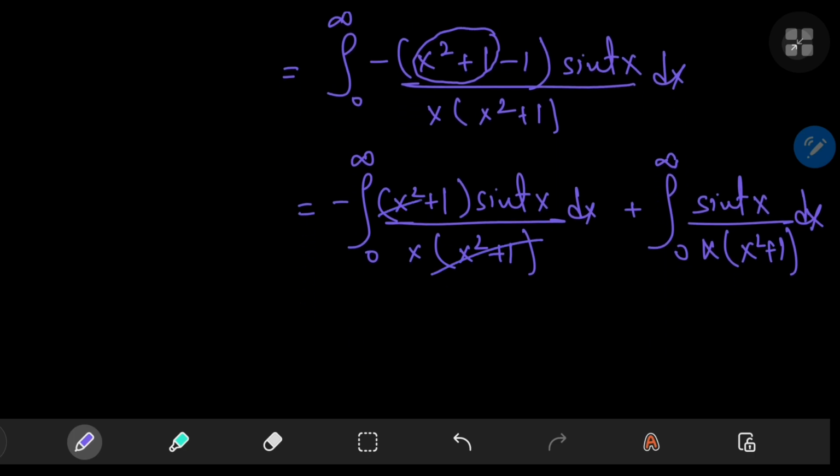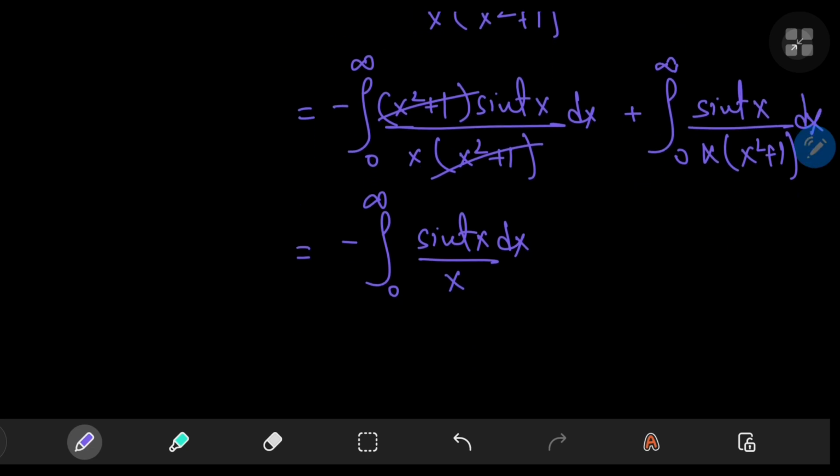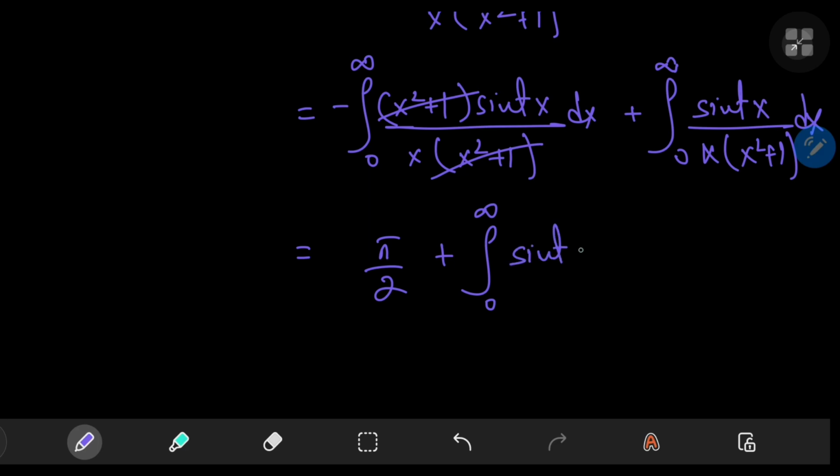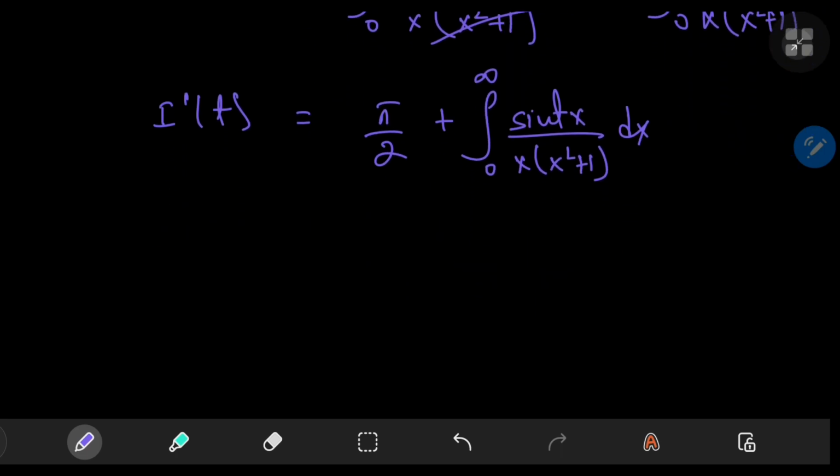So the x squared plus 1 factors cancel out, and we're left with the negative of the integral from 0 to infinity of sine tx dx by x, which is once again the Dirichlet integral that has been following us around quite a bit in this video. And with these limits, it evaluates to pi by 2. Okay, cool. Plus this integral from 0 to infinity of sine tx divided by x times x squared plus 1 dx. And this is the entire structure for the derivative of I with respect to t.